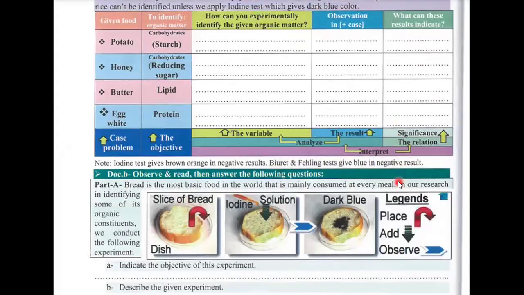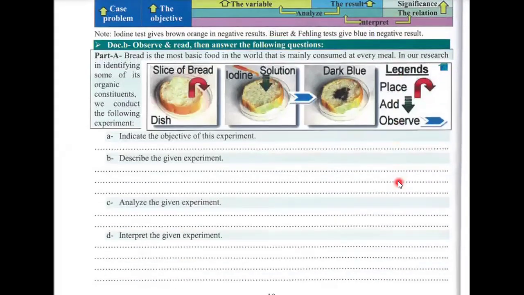Let's move to document B. In document B we take bread as an example of food and we look for what kinds of food it contains: proteins, starch, and so on. Part A says bread is the most basic food in the world. It is mainly consumed at every meal.